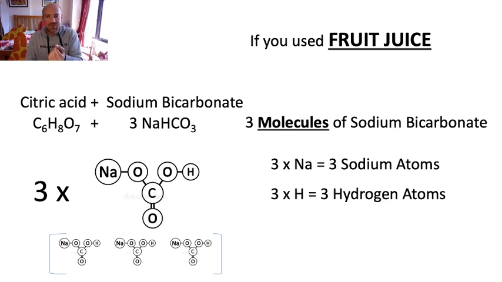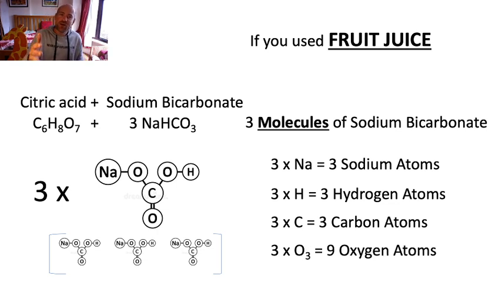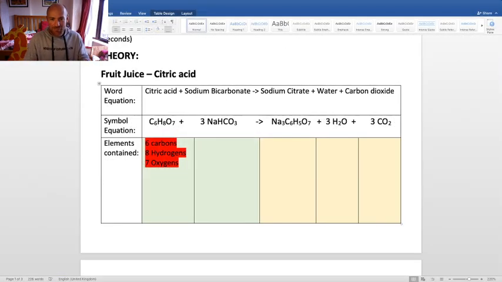We've got 3 hydrogen atoms because we've got 3 lots of the H. We've got 3 carbon atoms because we've got 3 lots of the C. And we've got 9 oxygen atoms because each molecule has got 3, and you've got 3 molecules because of the big 3 at the front, so you've got 9. Okay, so back to our sheet.